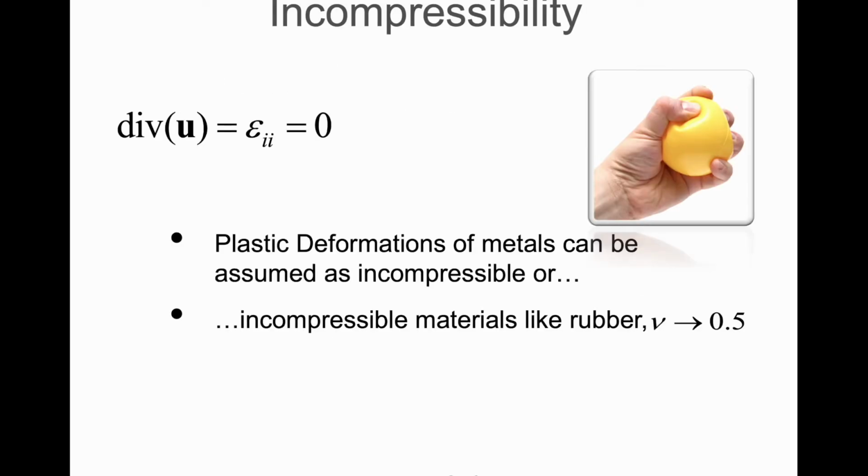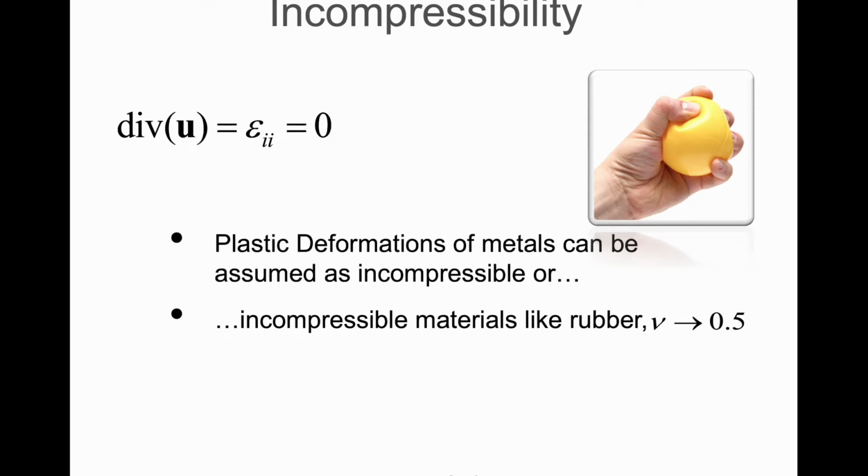So basically, the condition to have incompressibility, when you think about the strain tensor, the volumetric component, epsilon xx, yy and zz, the diagonal of the strain tensor: if you sum up this diagonal, that should give you, according to solid mechanics, the variation of the volume. So when you have incompressibility, this must be 0.